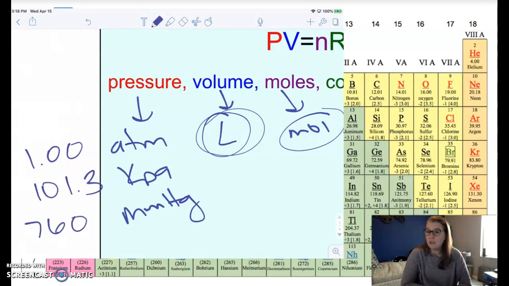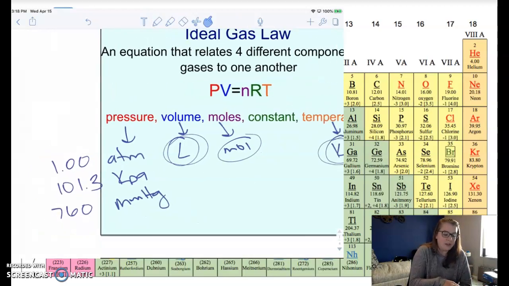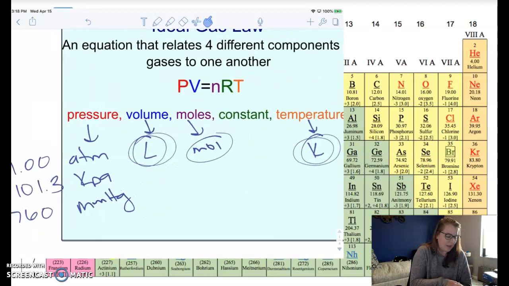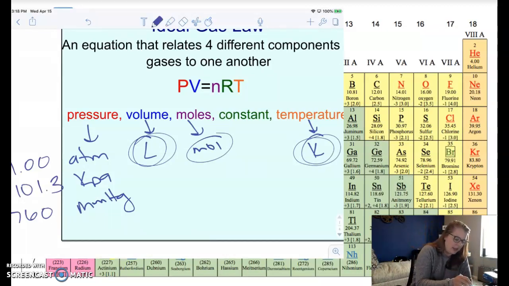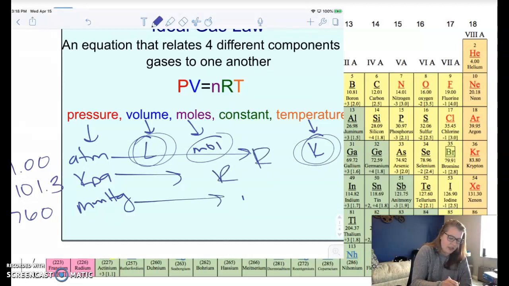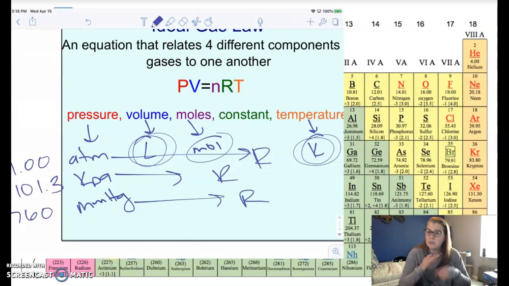So you run into an issue when you're using PivNert, where if you plugged in 1 atmosphere, and another person plugged in 760 millimeters of mercury, you'd get different answers. So because pressure can change, R, the constant, has to change to reflect what unit of pressure is being used in order to still make all of these relationships true.